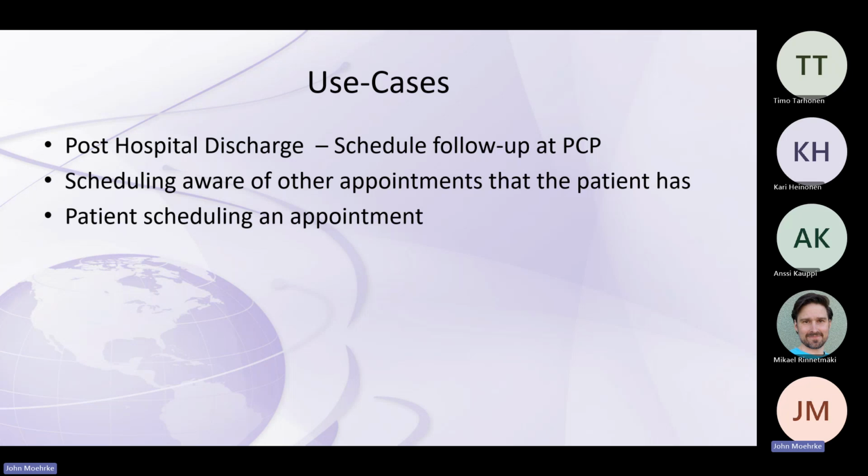The scheduling-aware use case shows this idea that you might want to look and see what appointments this patient already has so that you can schedule the follow-up near an existing appointment, or certainly not over an existing appointment. So the second use case is driving towards needing the ability to find details about an appointment.